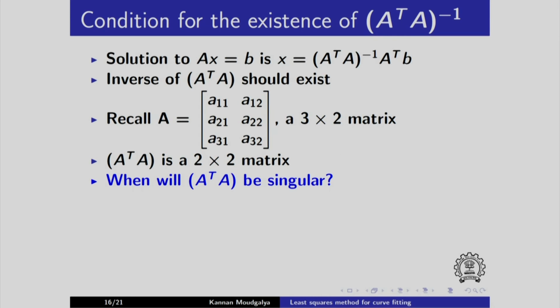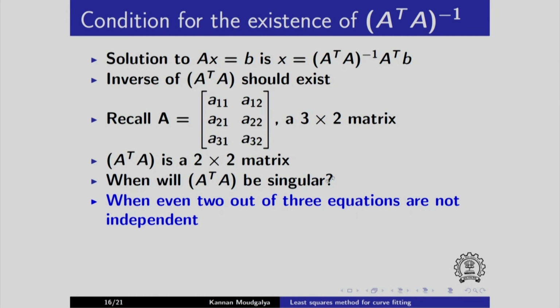When will ATA be singular? When even 2 out of 3 equations are not independent. What I mean is, remember that we actually started with more equations than required. We have only 2 unknowns, but we got 3 equations.